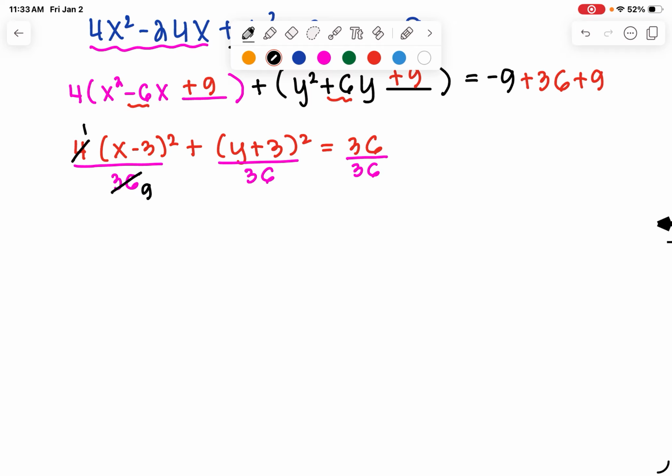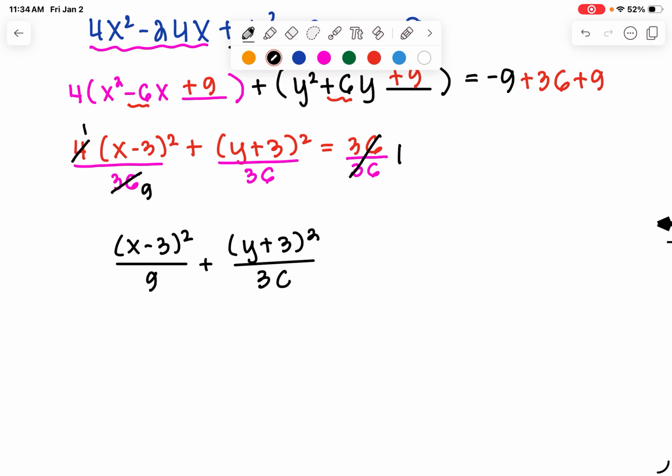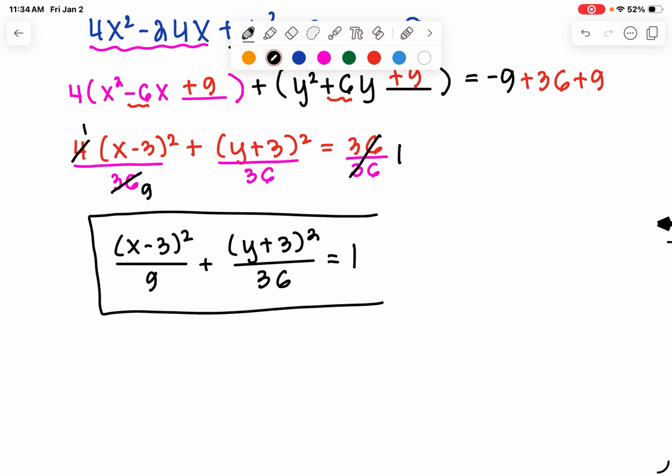The next fraction is not simplifiable. The last one is 1. So now we're going to have it in our standard form. X minus 3 quantity squared over 9 plus y plus 3 quantity squared over 36 is equal to 1. Now it looks like an ellipse, and now we can graph it.